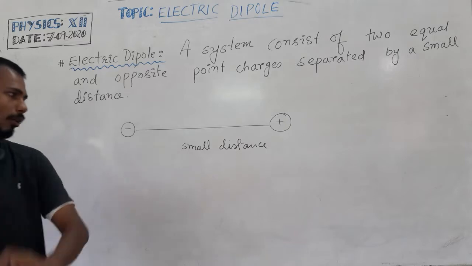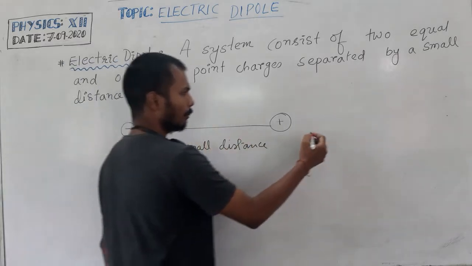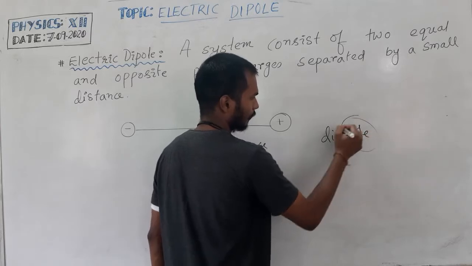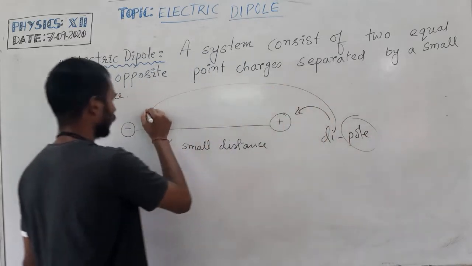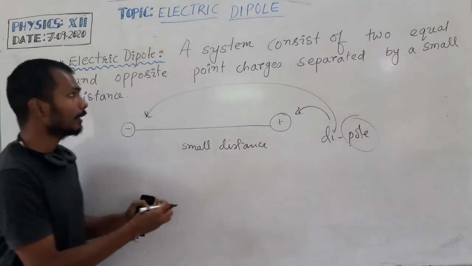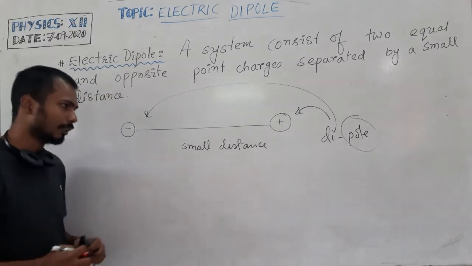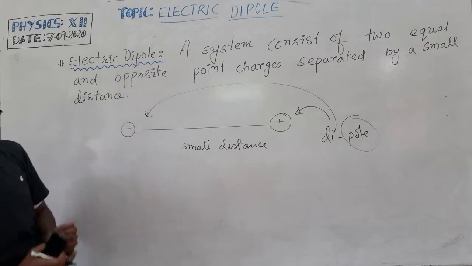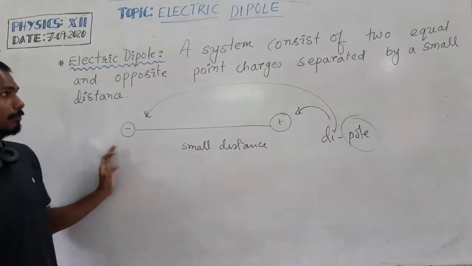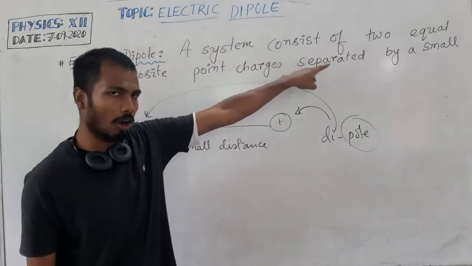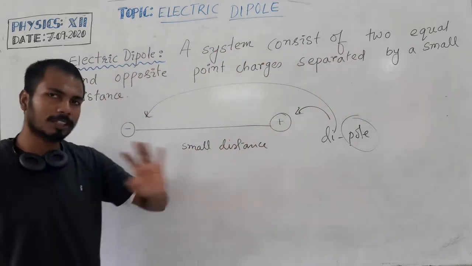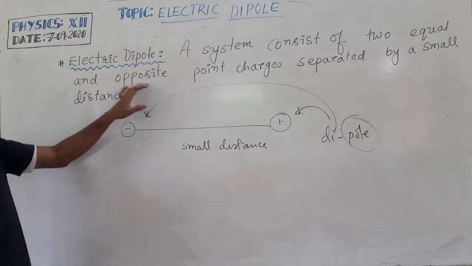Di means two, pole means polarity. Dipole: one pole, another pole. So we will learn about the dipole in this class. The definition: a system consists of two equal and opposite charges. This is the minus charge, this is the plus charge.